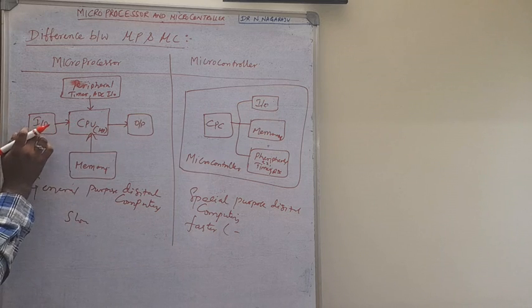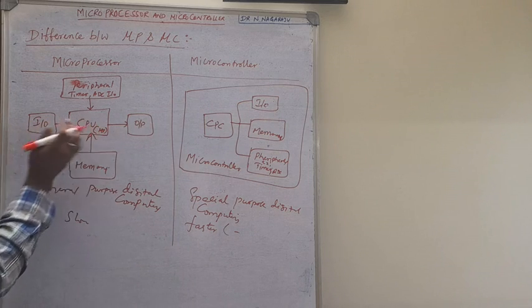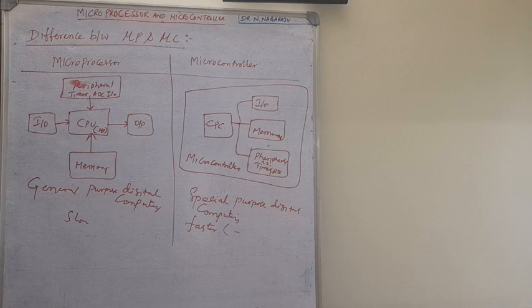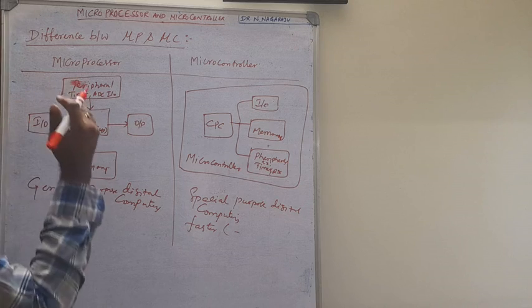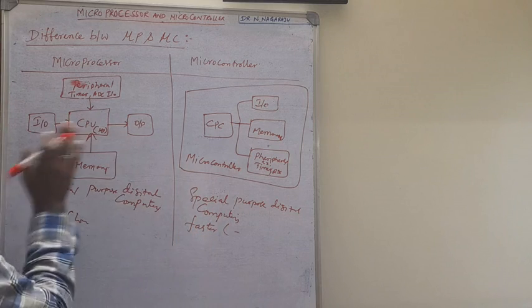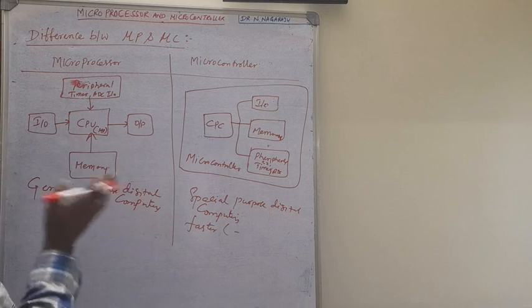If you want to access this water content, the CPU has to communicate with the outside one. So it will take more time to do that operation. So that's why, for small applications, microcontroller is more than enough, and more efficient than microprocessor.